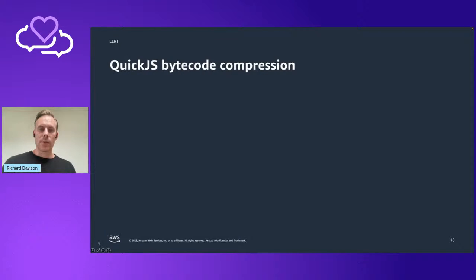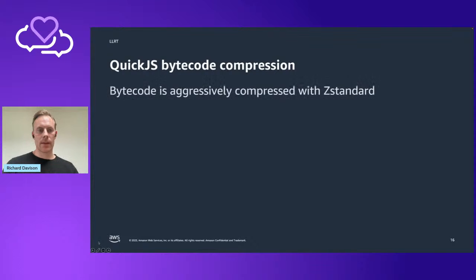And to further reduce the size of the JavaScript, we apply compression on the bytecode. So bytecode is aggressively compressed with Zstandard at the highest compression settings. Zstandard is a compression algorithm invented and created by Facebook. So this will make the already minified JavaScript code shrink from about 2.3 megabytes to 543 kilobytes.